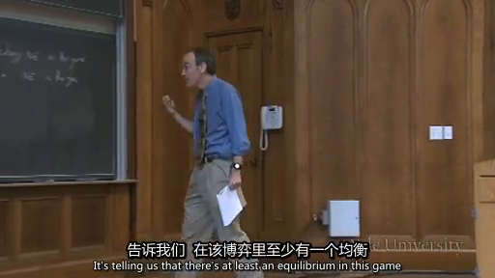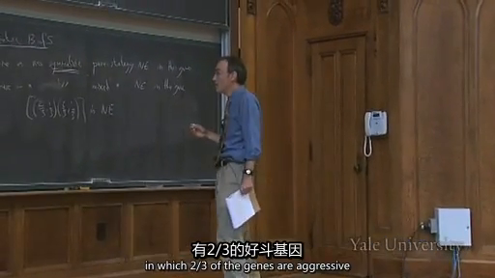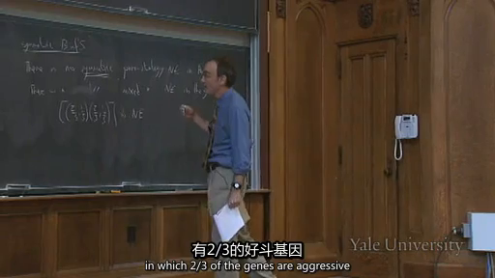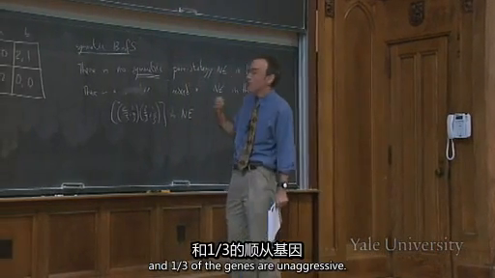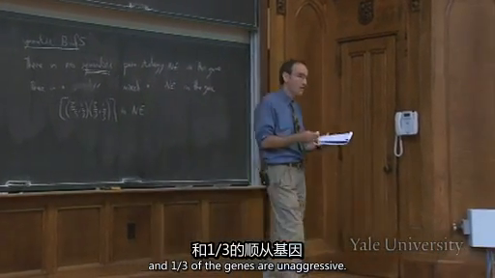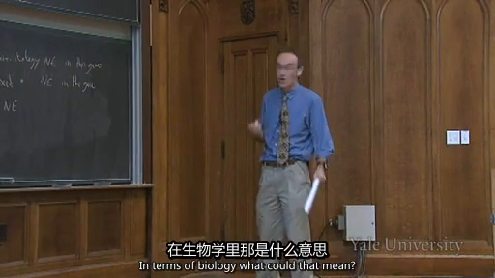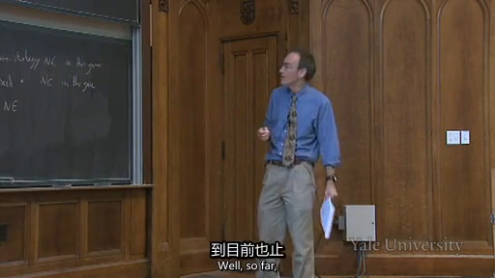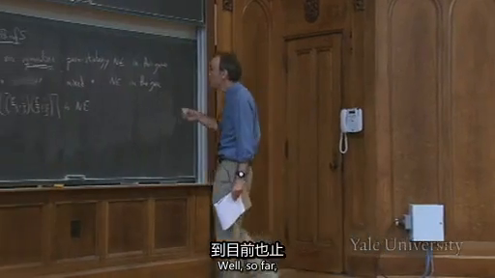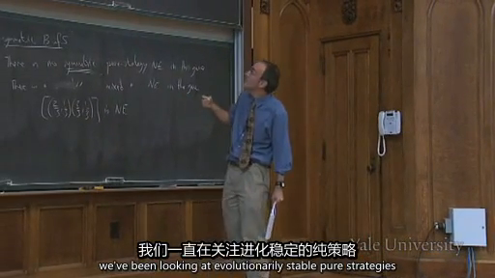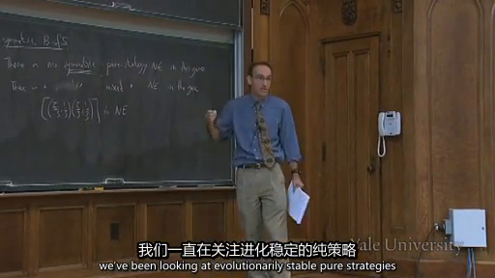It's telling us that there's at least an equilibrium in this game in which 2/3 of the genes are aggressive and 1/3 of the genes are unaggressive. But does that mean anything? What could that mean in terms of biology? Well, so far, we've been looking at evolutionary stable pure strategies.